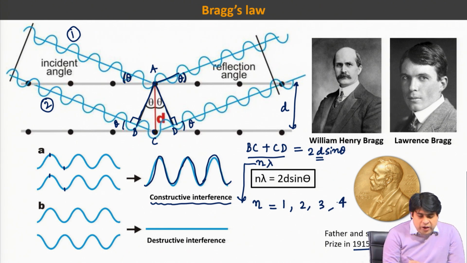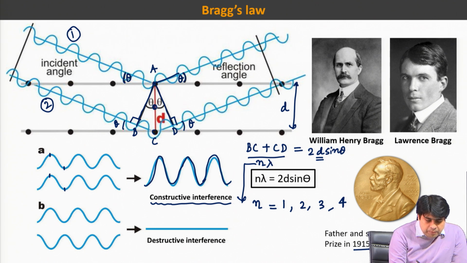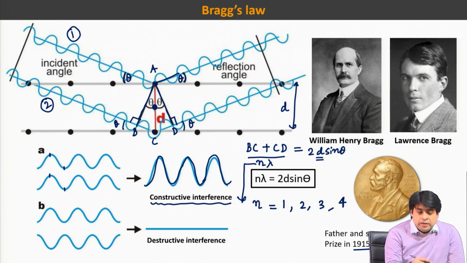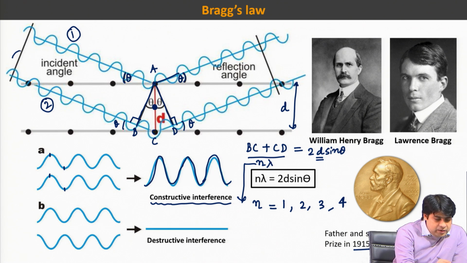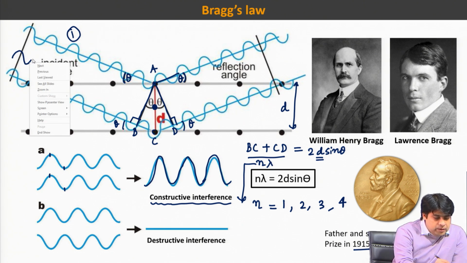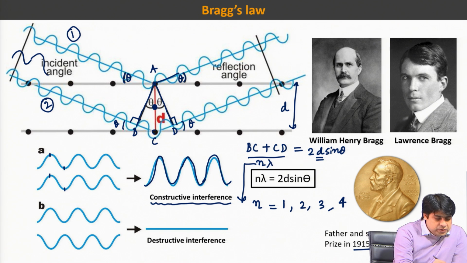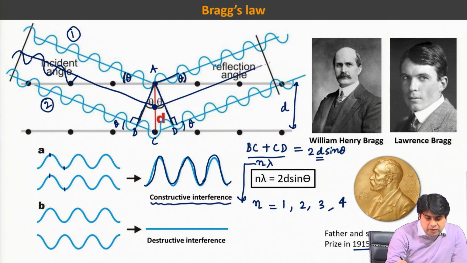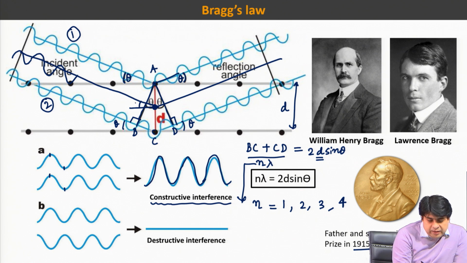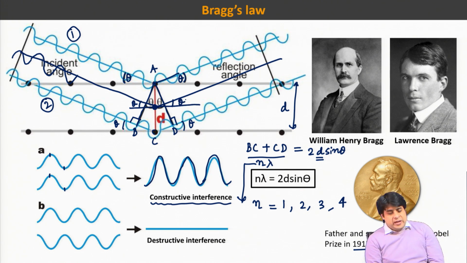Suppose there is another plane in between these two planes, and there is a third X-ray which is exactly the same. When this strikes this particular point, it will reflect, and it also has an incident angle theta and a reflected angle theta.